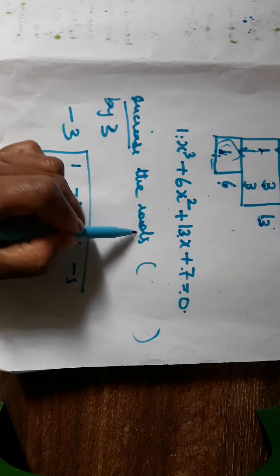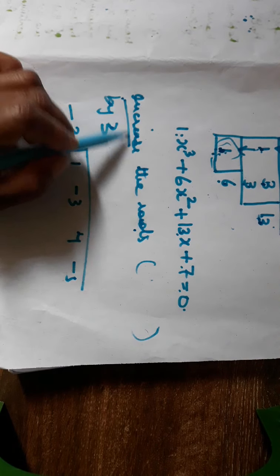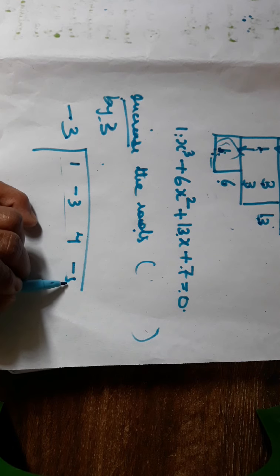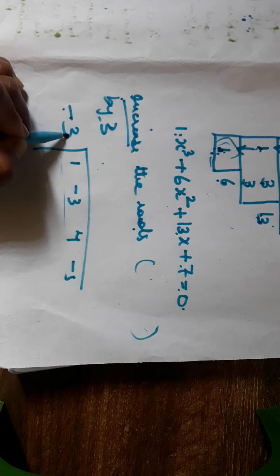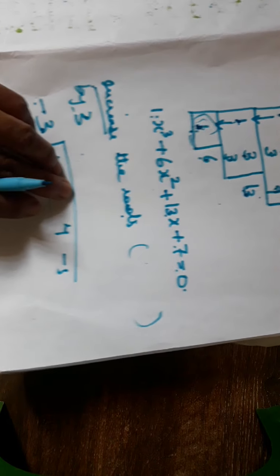If the question is to increase the roots instead of decrease or diminish, you increase the roots by 3, so you replace it here by minus 3. First of all, write down all the coefficients. After that, divide it by minus 3. I hope it is clear to you, this method of synthetic division.